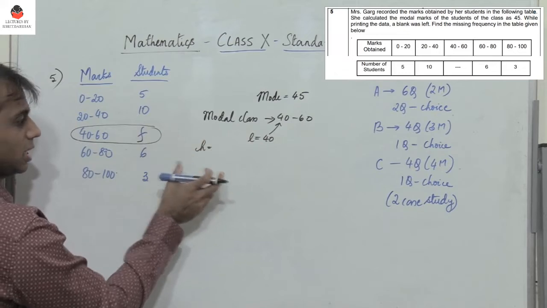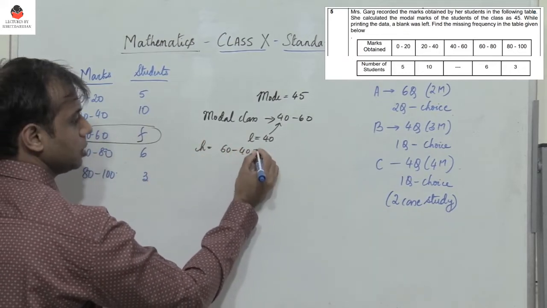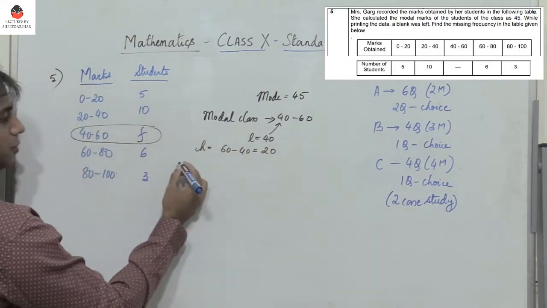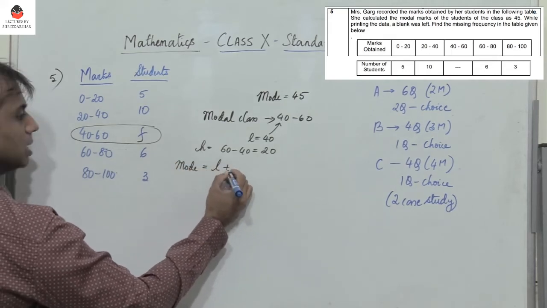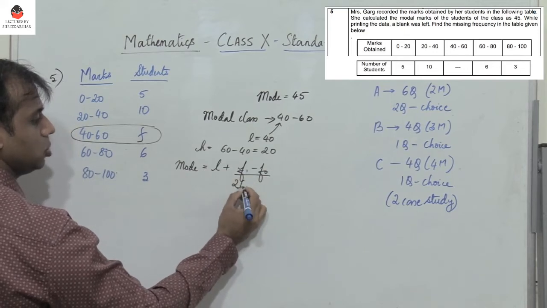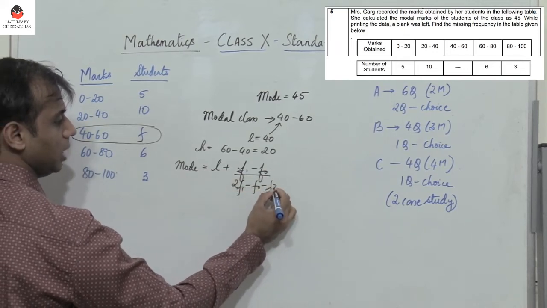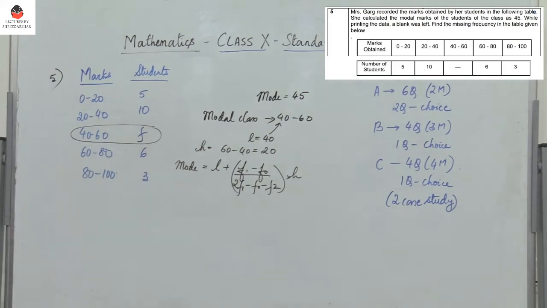What is h? The size of the class interval, which is 60 minus 40 equals 20. And what is the formula for mode? So the formula for mode is L plus f1 minus f0 divided by 2f1 minus f0 minus f2 into h. Now what is f1, f0 and f2?